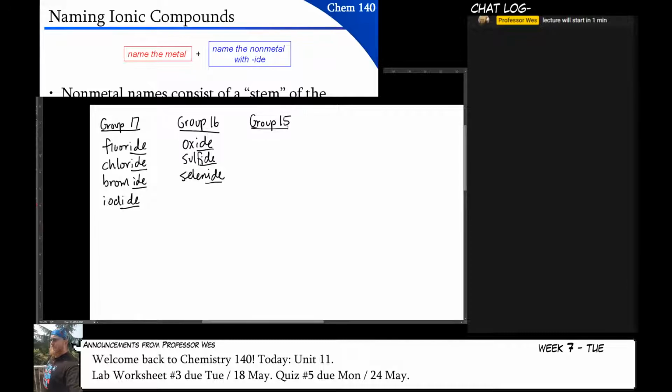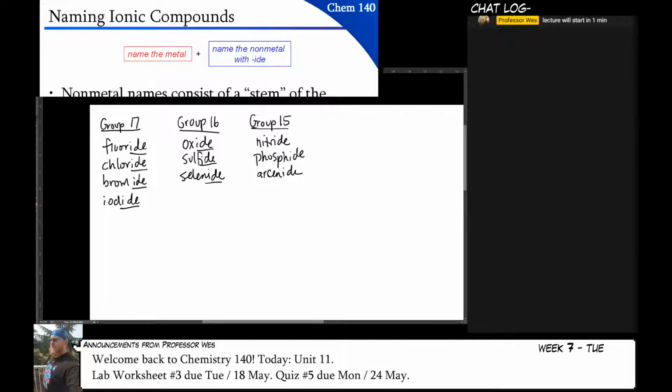And then group 15, we've got nitride, phosphide, and then arsenide. Arsenide is common enough. All right. And those are all the elements that have ions for them.